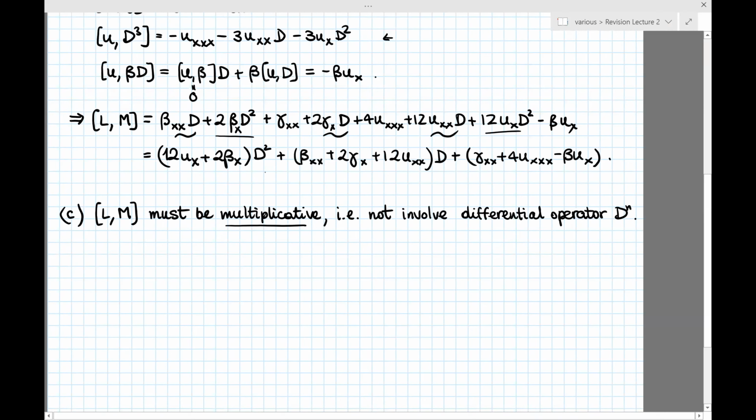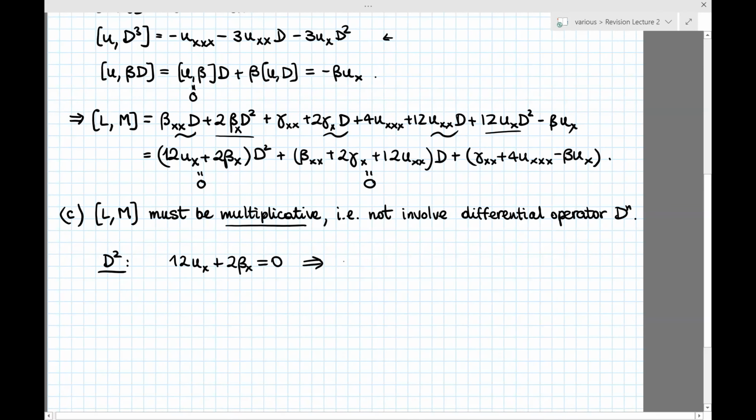So that means that the first bracket here, which multiplies d squared, must vanish. And the same for the second bracket, which multiplies d. Okay, so let's look at this term by term. Let's first set the coefficient of d squared to 0. So that's 12ux plus 2 beta x is 0.